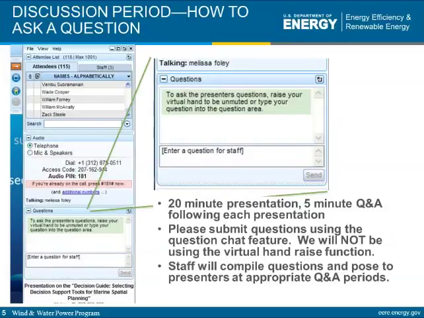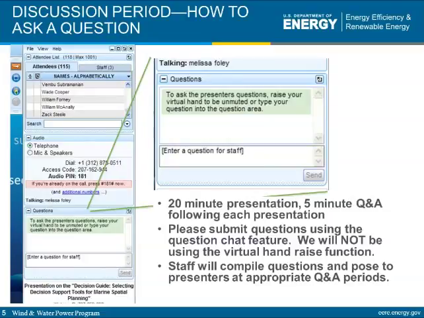So very important. We're going pretty quickly through these presentations. Each speaker will have about 20 minutes, and we're going to save 5 minutes at the end of each talk for audience Q&A. And the way we're going to do this is you should see on your webinar control bar a little dialog box that says questions. Rather than raising your hand and asking your question in audio mode, we're going to ask you to type your question into the chat box.